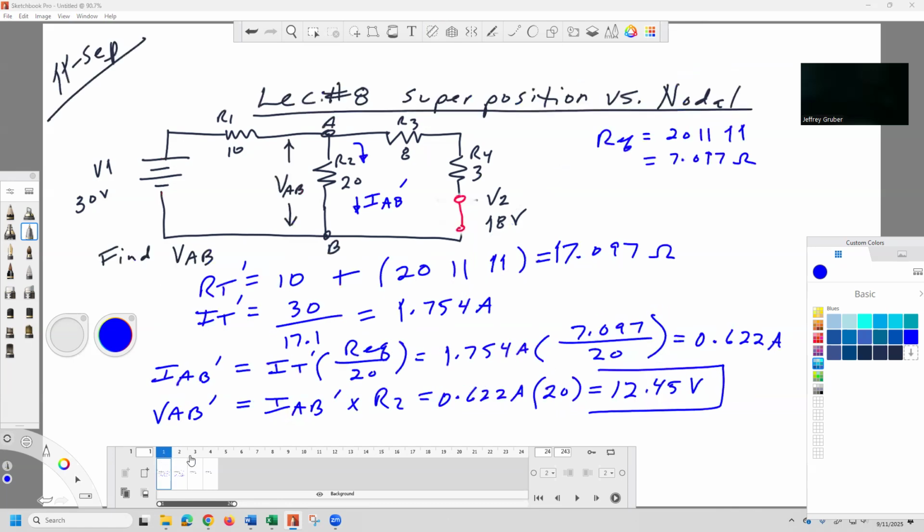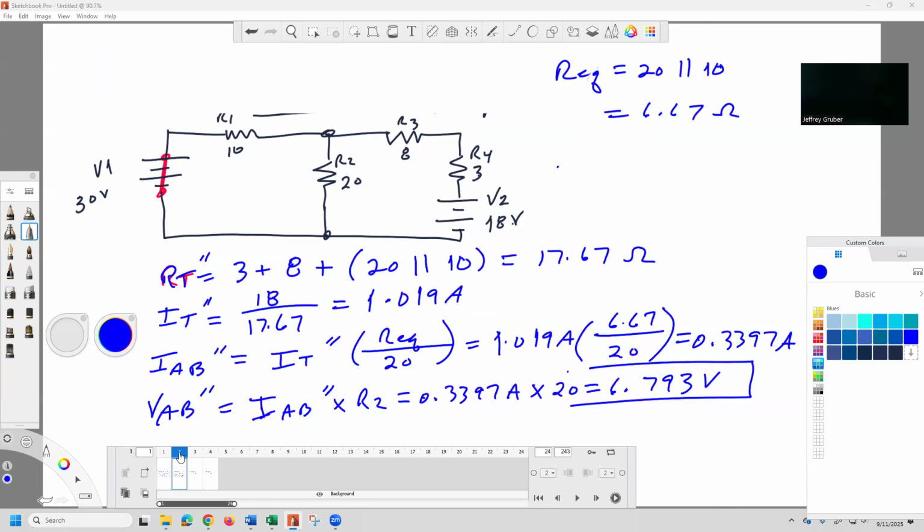So now we have our two. Our VAB will be VAB prime plus VAB double prime. VAB prime is 12.45, and VAB double prime is 6.793. So that's going to give us 19.24 volts.